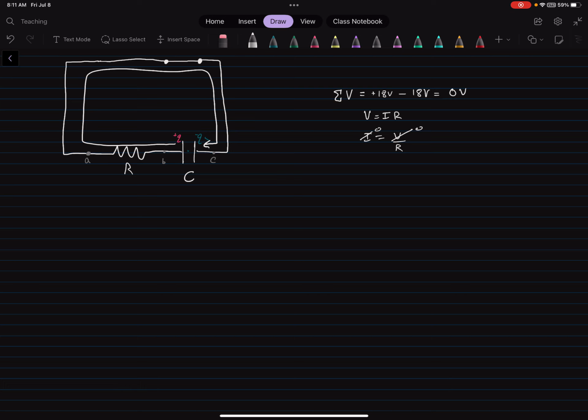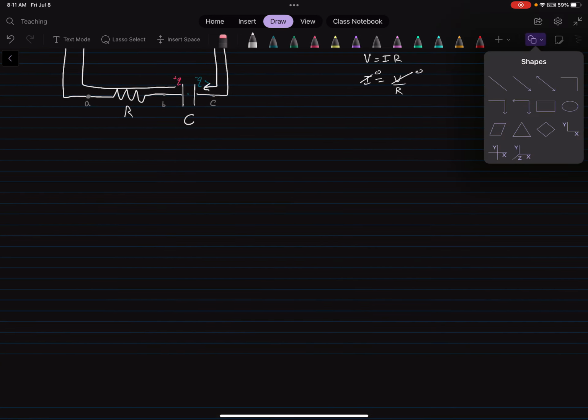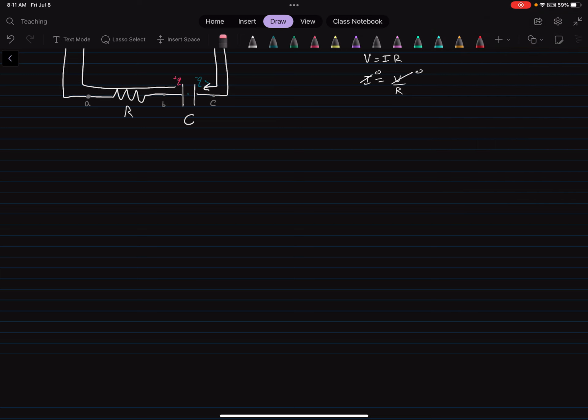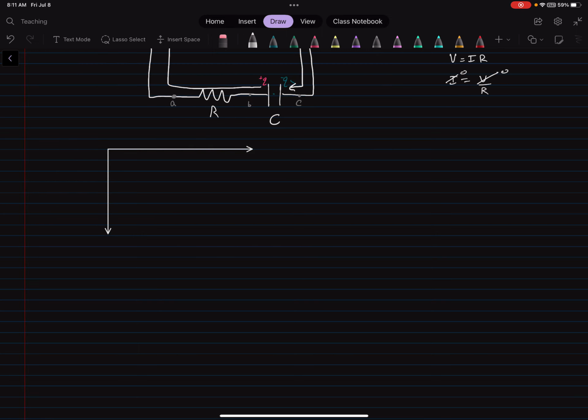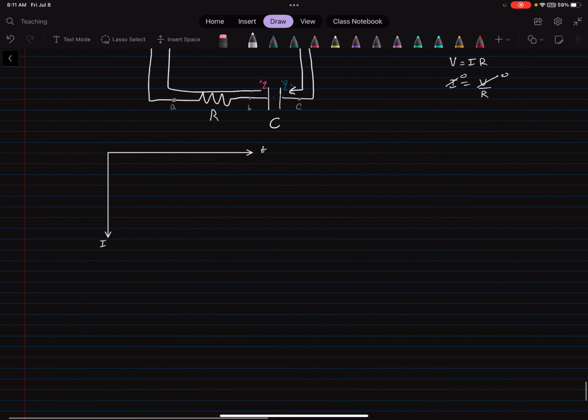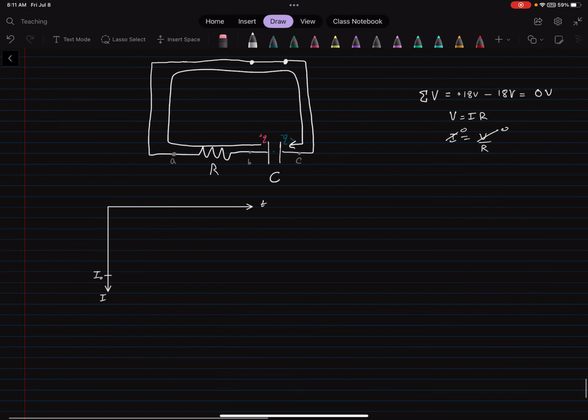All right, so what function does that follow? We have our same axes here. Let's see, I gotta go this way. There we go. And this is current again, and this is time. If this is our original current, it's negative because it was going the other way, right? So just like the voltage is negative for the capacitor, just because of our convention, that we decided this was going to be negative.